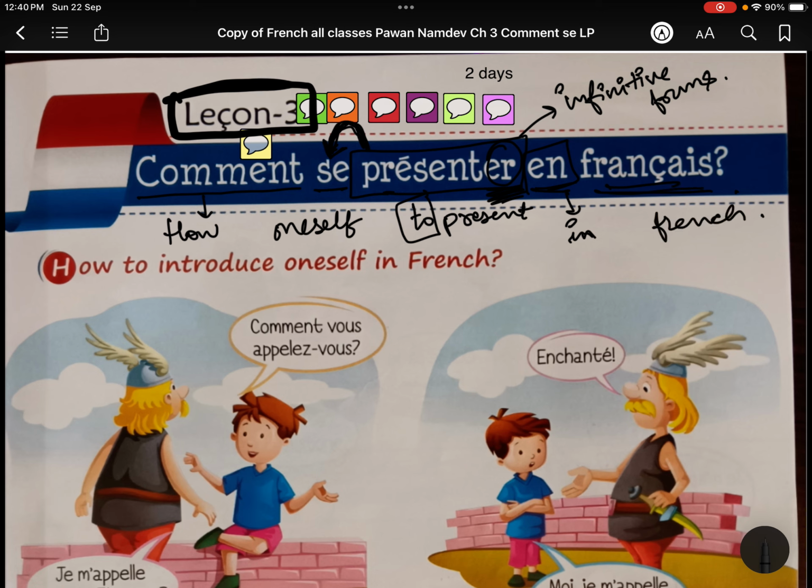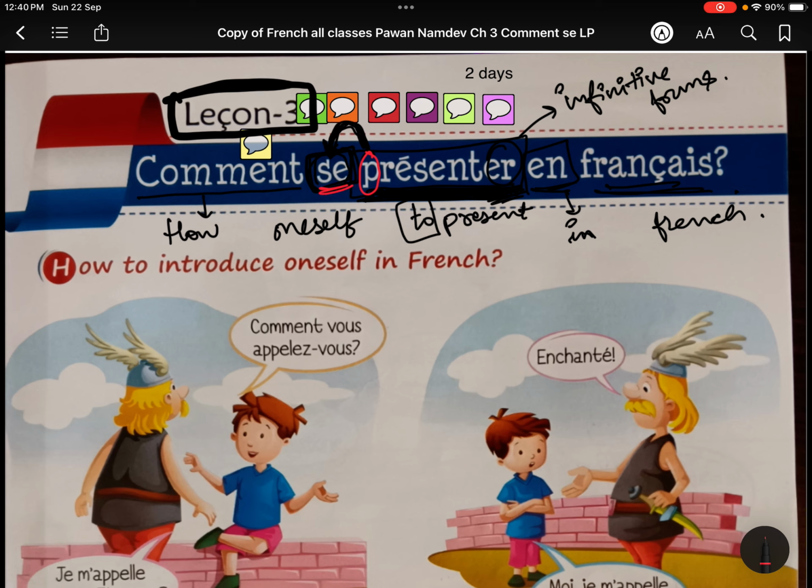The reflexive pronouns we always have to use before the verb. Here we are having présenter, which is a verb. That's why we have used this se, and we are having this consonant here. P is a consonant here. That is why se is there, not s apostrophe.